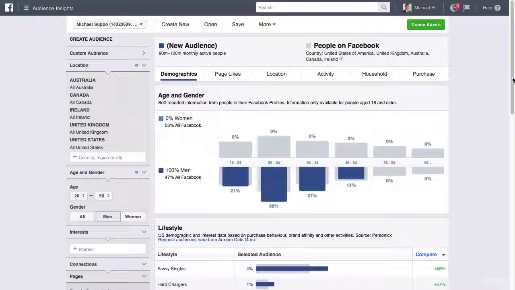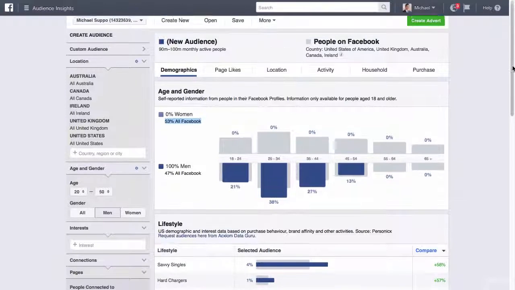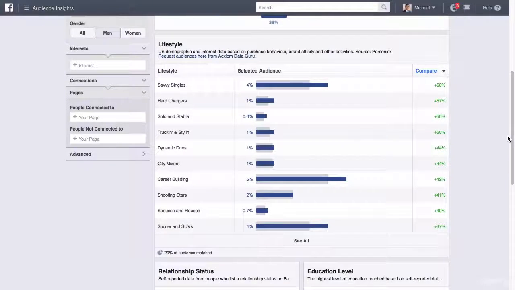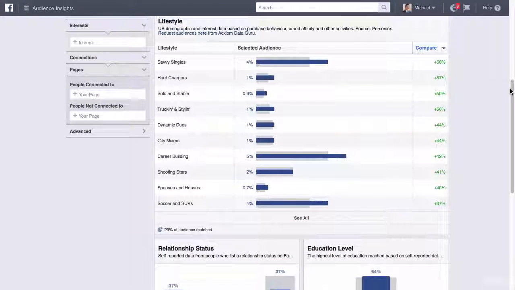So now Facebook is giving me information on these men. Now, if we actually selected women, women are a larger population in these countries. So 53% of the Facebook population that we had before we chose men were women. So of the men that are on Facebook, they give me a load of common information about them.